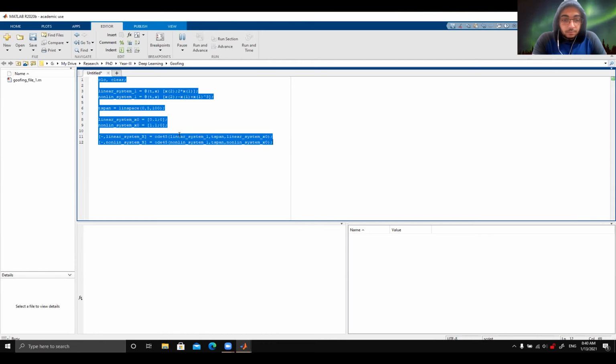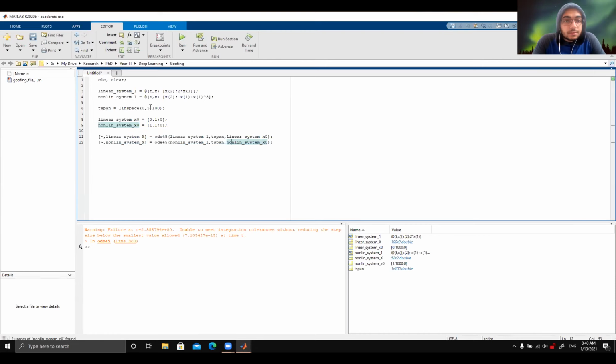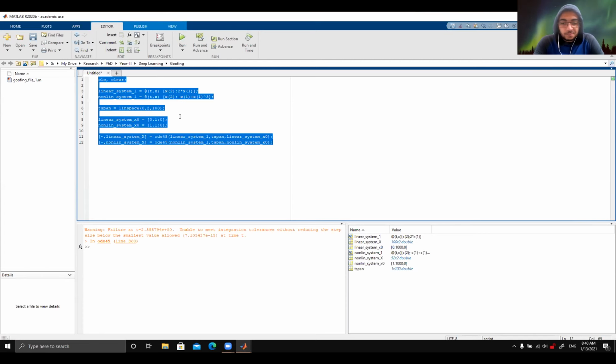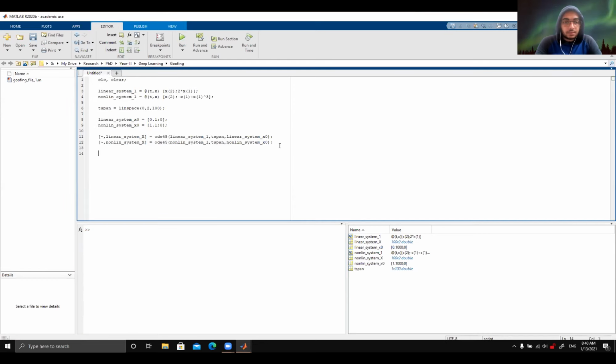Alright, let's see, hopefully no errors. Okay, yeah. To more integration, let's make this 2 seconds. Okay, very good. Then we want to plot tspan and linear system x.